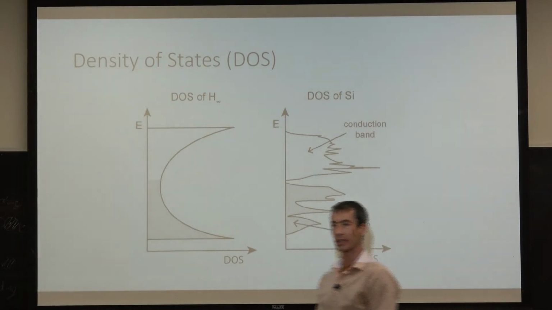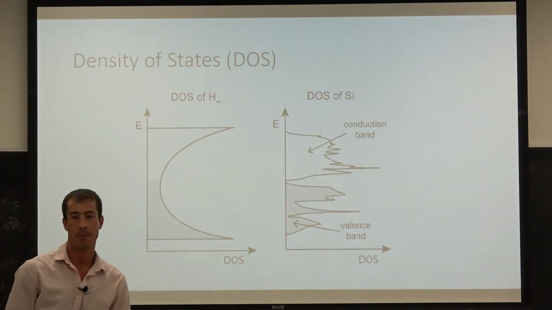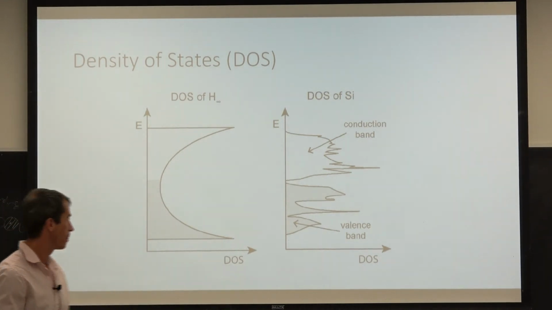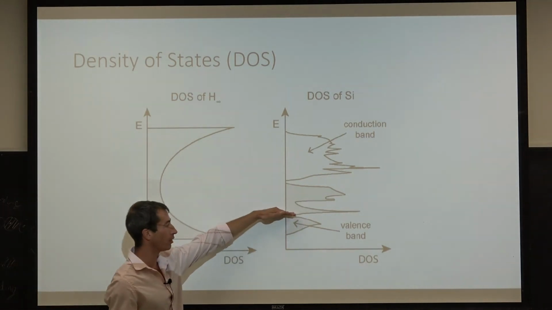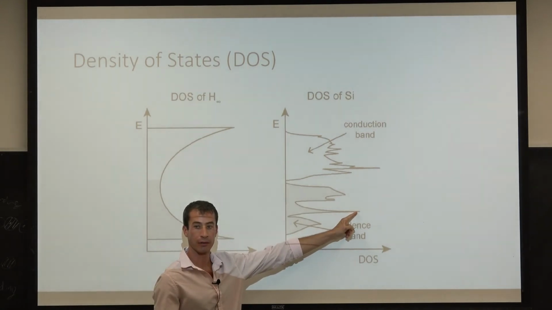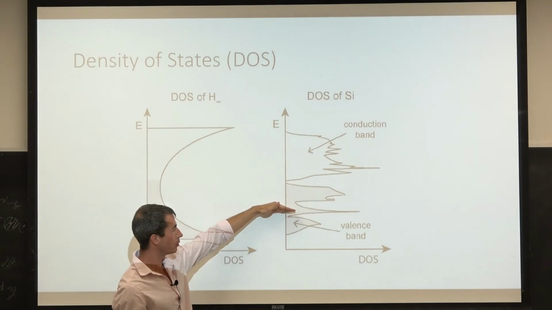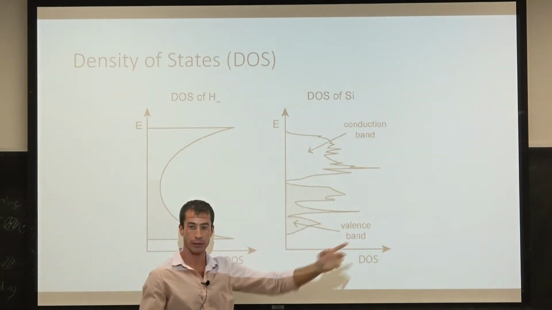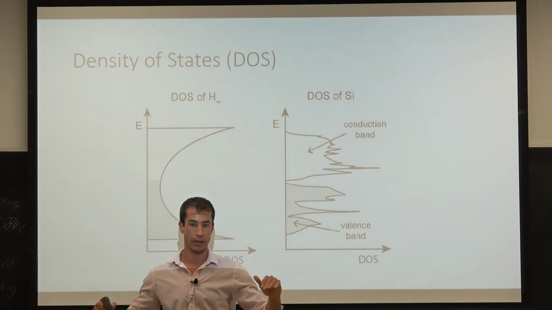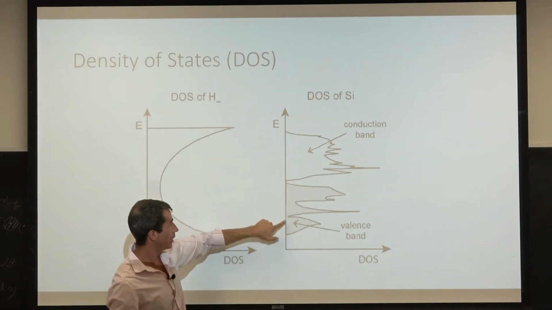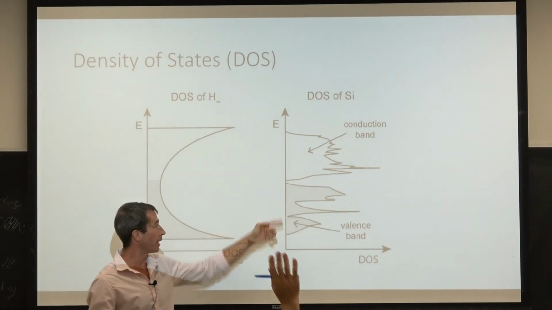That means that at this energy level, there are a lot of states right here. So at whatever energy this corresponds to, there are a lot of orbitals that have that energy. Similarly, here there's not very many states that have this. And here there are none.